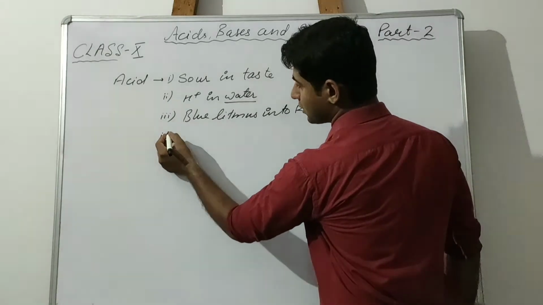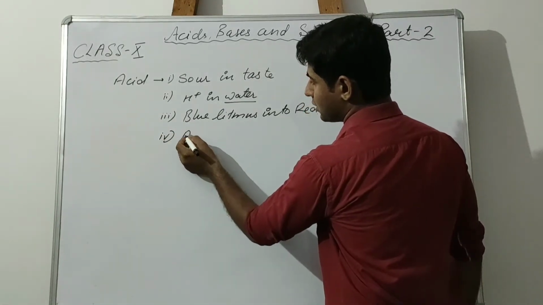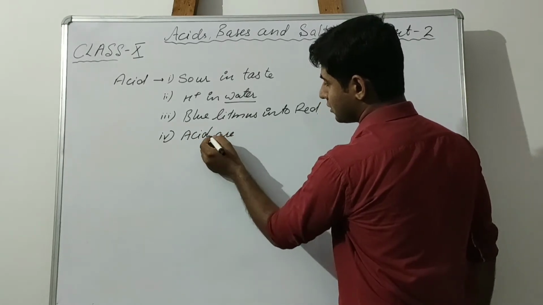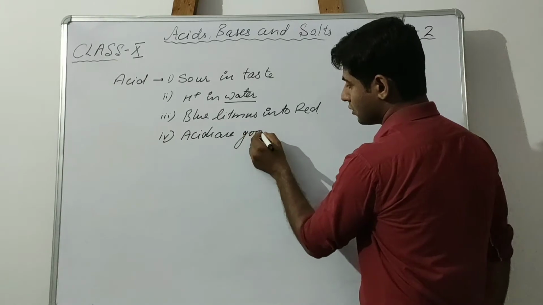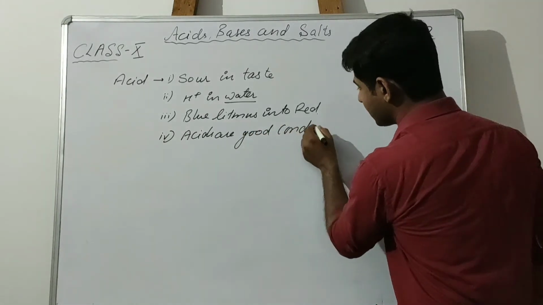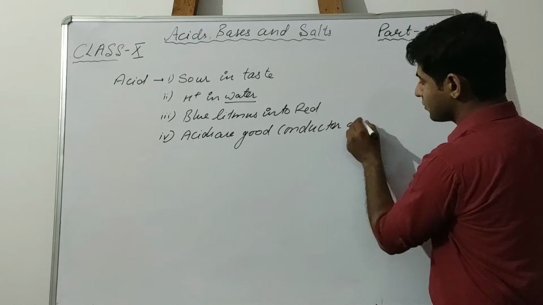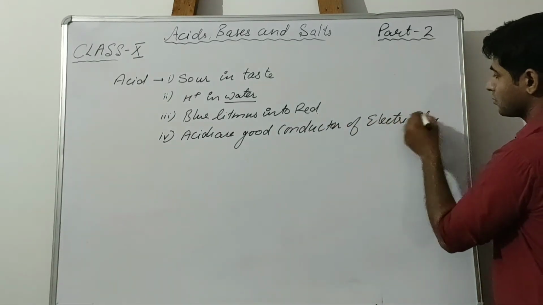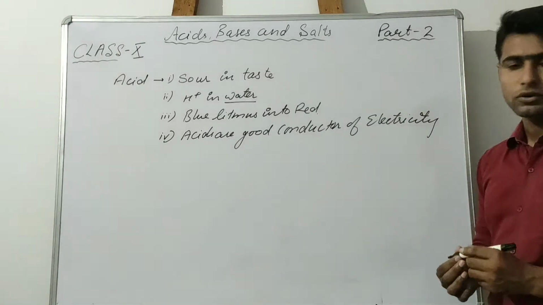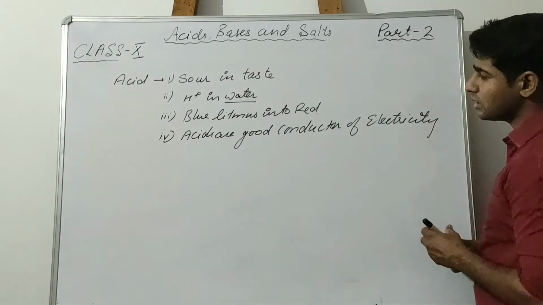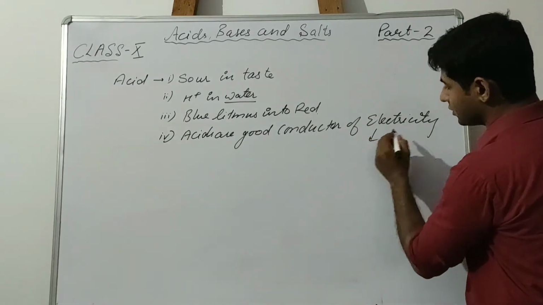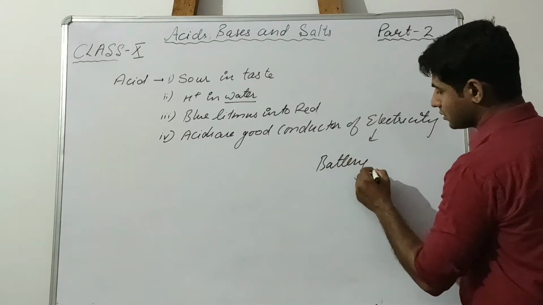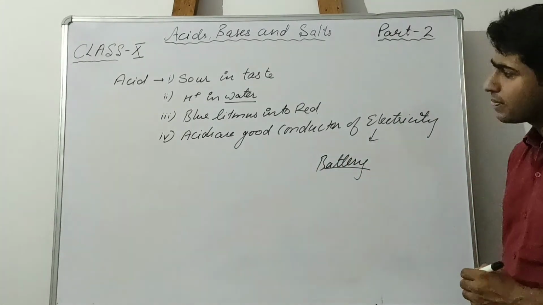Fourth property, acids are good conductor of electricity. That's why acids are used in inverter batteries. They are used in our batteries, inverter battery.